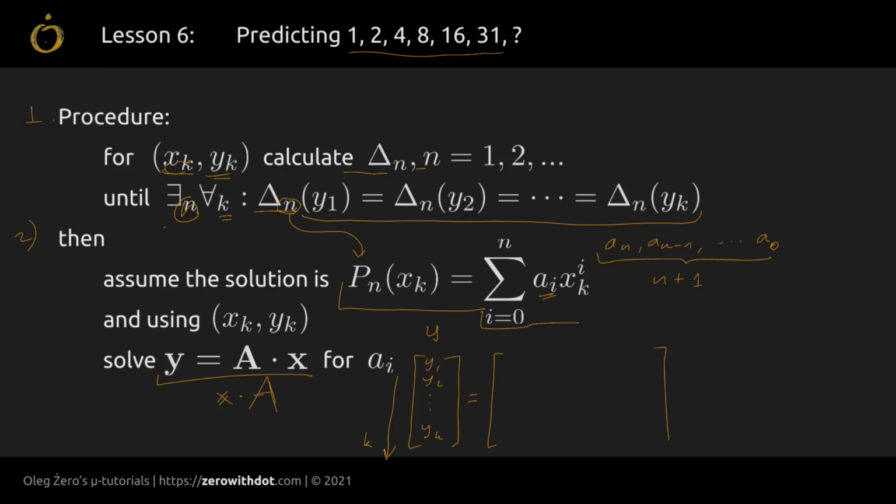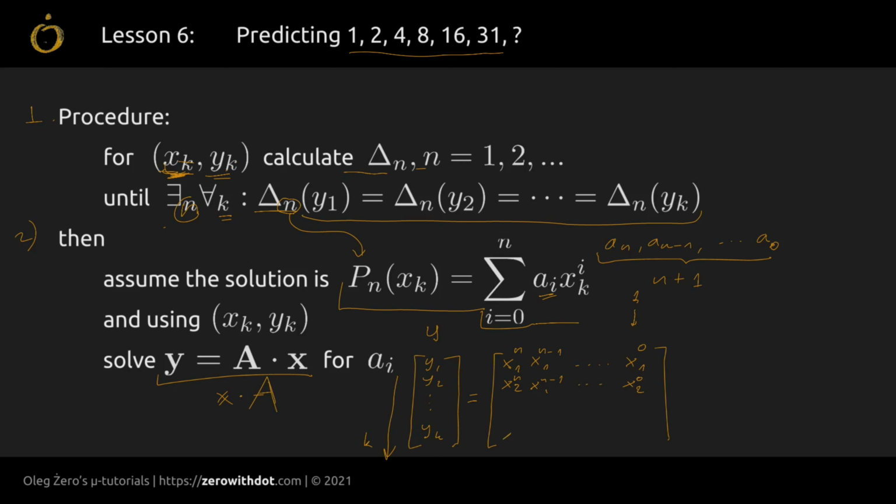So this way we're going to have x to the power of n with k equal to 1. And then here it's also going to be the first x from that sequence, this one, to the power of n minus 1, and all the way up to the first element to the 0th power. So here it's going to be a column of all ones, right? You can imagine. And so in the second row we have the second element of that sequence taken to all the consecutive powers, all the way up to the second element to the 0th power.